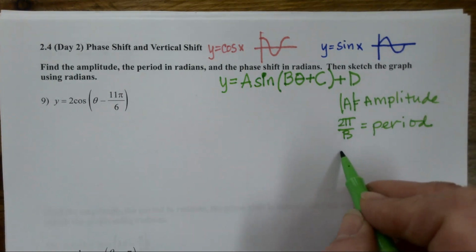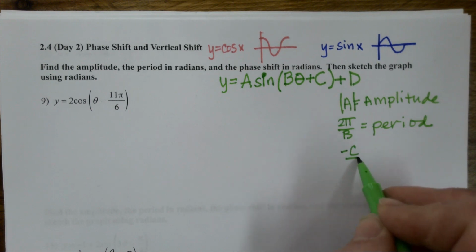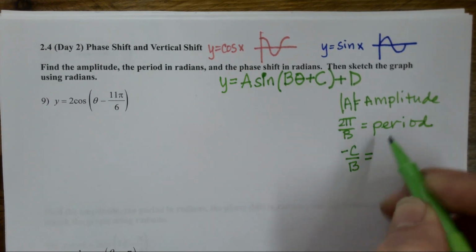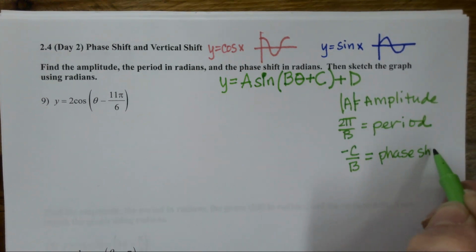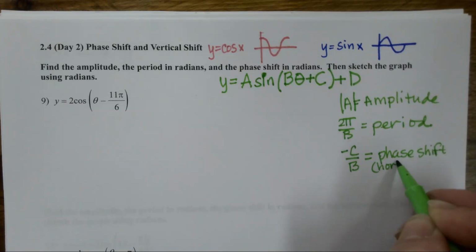The opposite of C over B is the phase shift, or the horizontal shift.